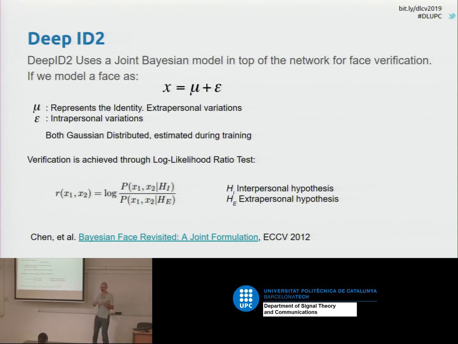If we have different images of the same person with different poses, with different expressions, there is this part that represents what is intrinsic to the person, and this part is the small variation for changes in expression. This can be modeled during training, and using that probability distribution, it's possible to compute this log likelihood ratio test that will provide the final probability that two images are from the same person or from different persons.